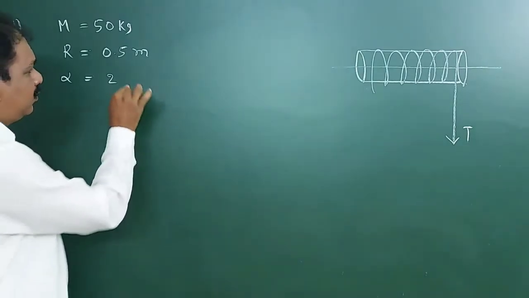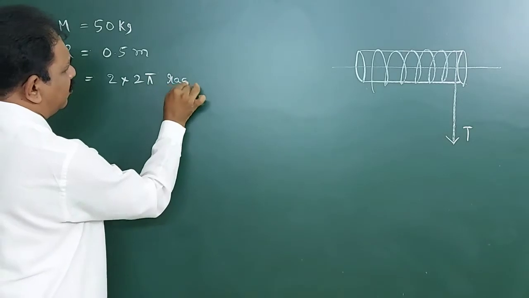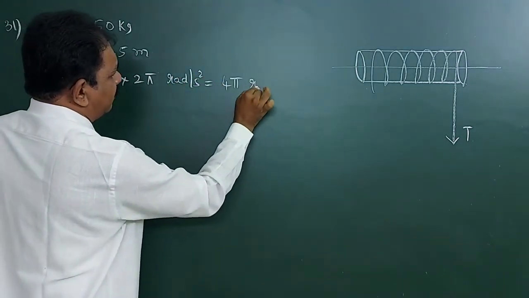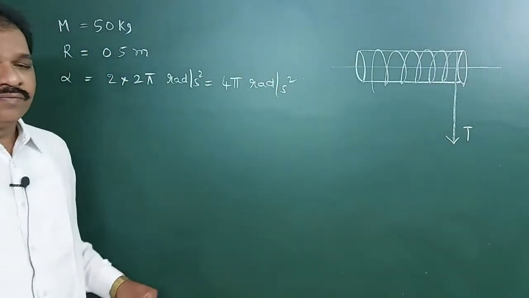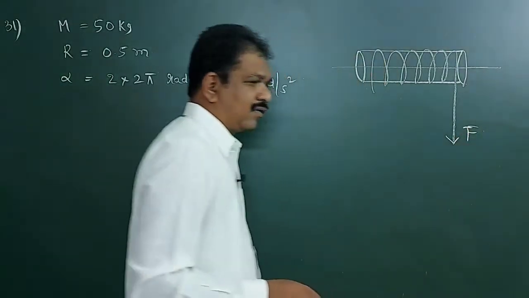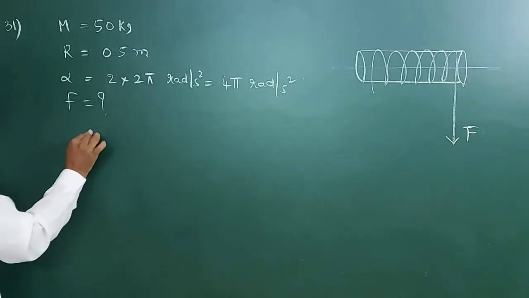So 2 into 1 revolution, which is 2 pi radians, so this value is 4 pi radian per second square. How much tension or force is required? That is the question.